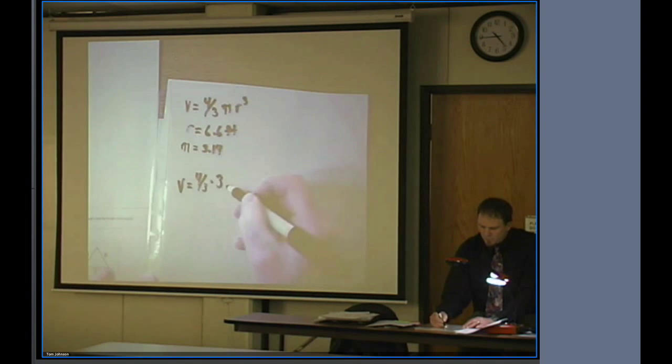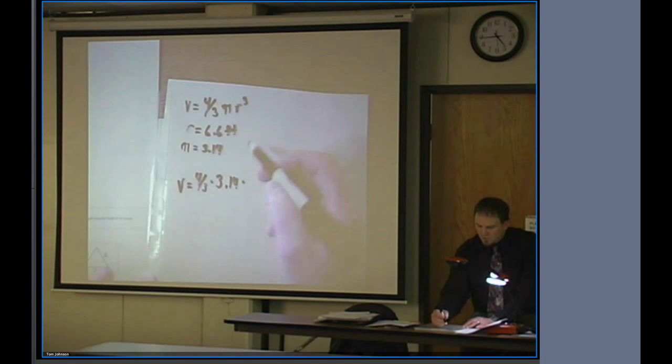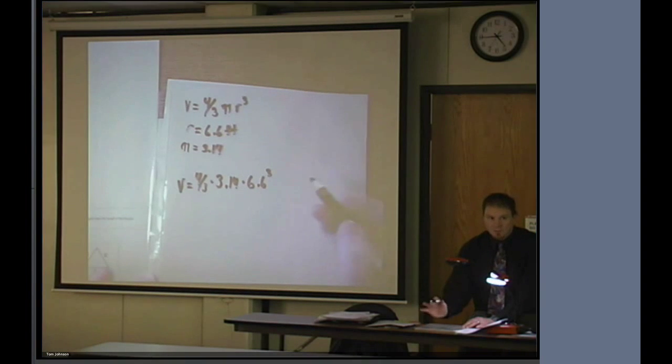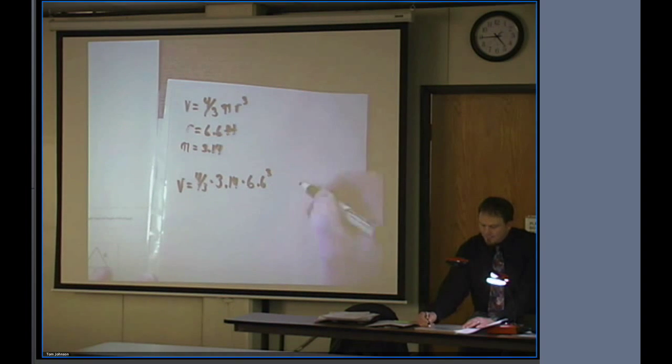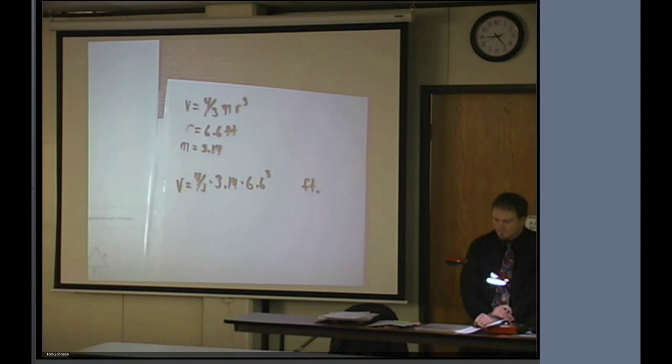So V equals 4/3 times pi, which is 3.14, times r cubed. So r is 6.6 cubed. And we know that that's feet, right? We're dealing with feet, so I'm going to put feet off to the side here.